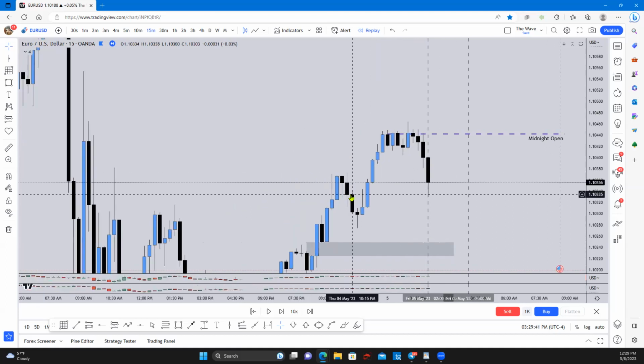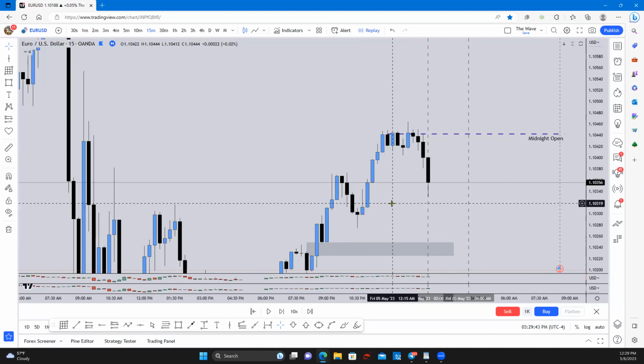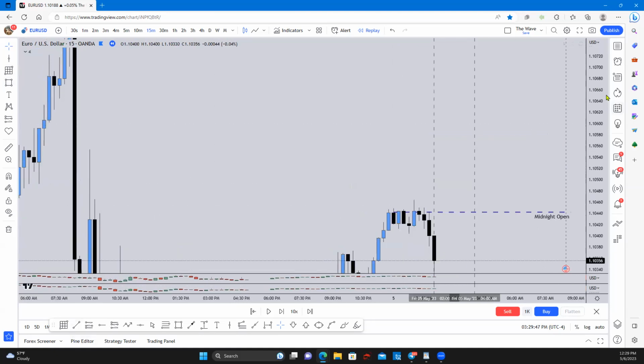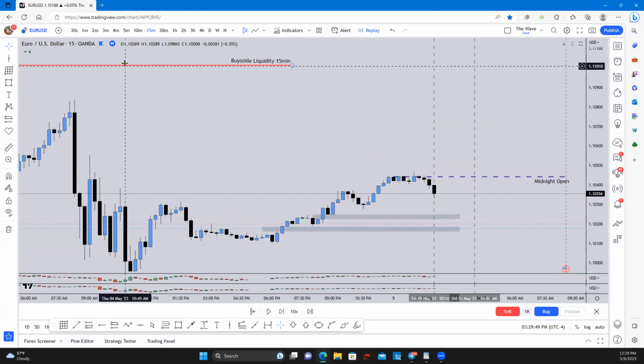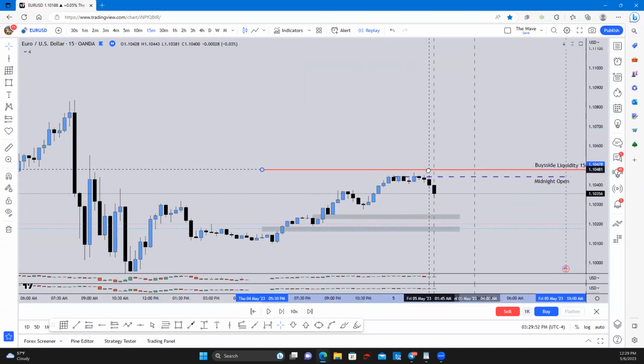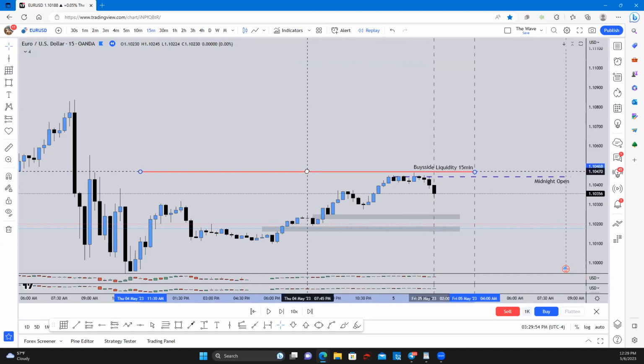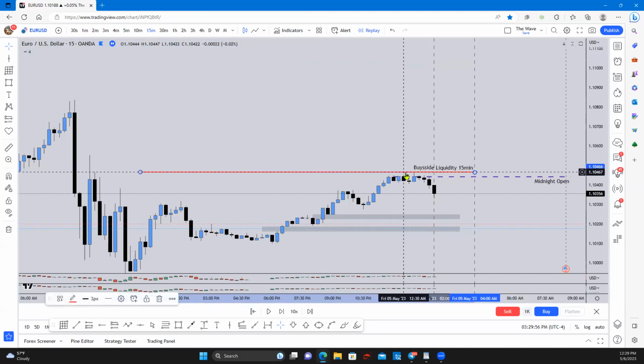Now, if we look, where do we have equal highs or equal lows? We have equal highs right here on the 15-minute. If you notice this swing high, if you run it all the way back, it is relatively equal to this bearish candle's wick here.